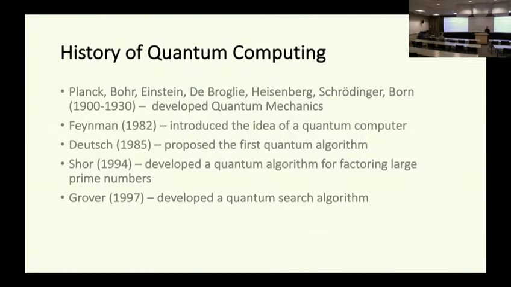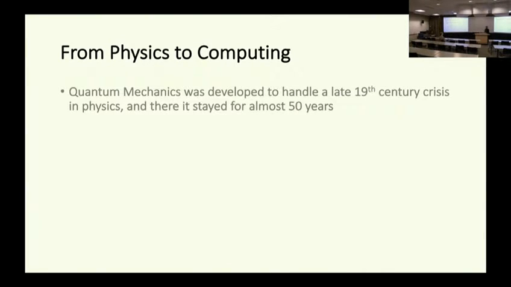And then there was a quantum search algorithm that Grover came up with in '97. Basically, quantum mechanics was developed to handle a crisis in late 19th century physics, because classical mechanics was not explaining a lot of things like spectra. So quantum mechanics came out of that.